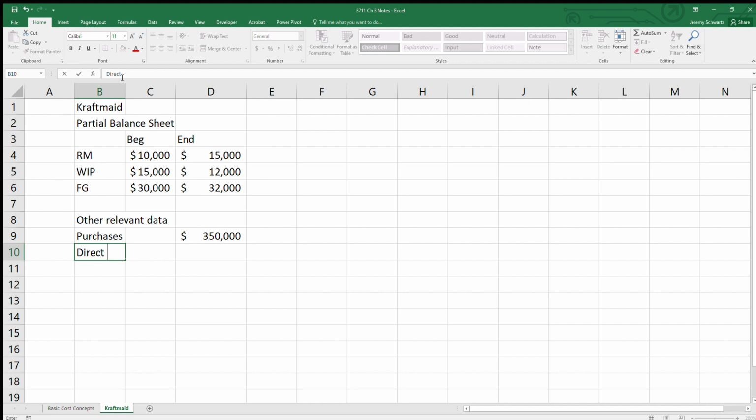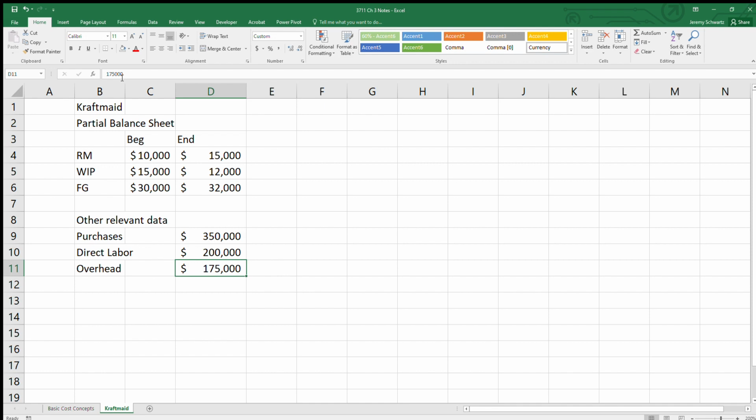Say we have direct labor costs again for the year of 200,000. Sorry about that. And incurred overhead of 175.